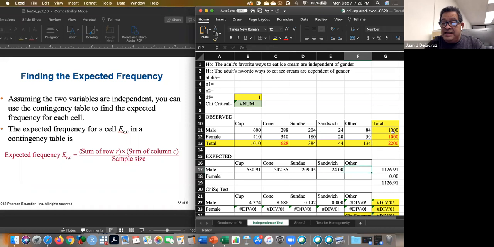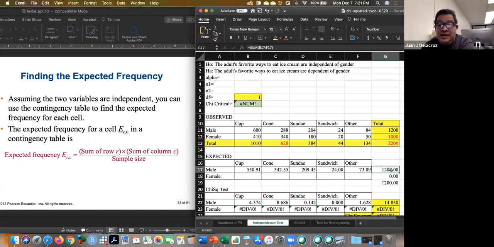And then finally, I have this, which is going to be the sum of the row times the sum of the column, in this case 134, divided by the sample size, right? So as we can see here, we have 1,200 males, which is good.